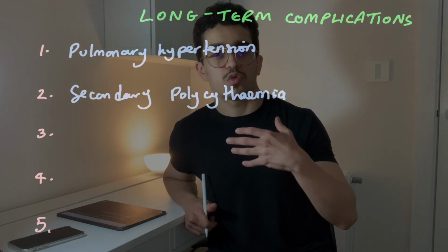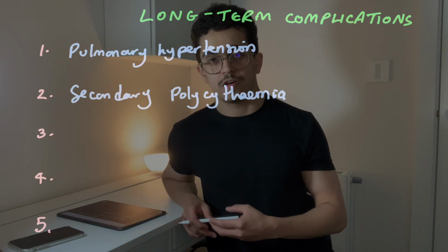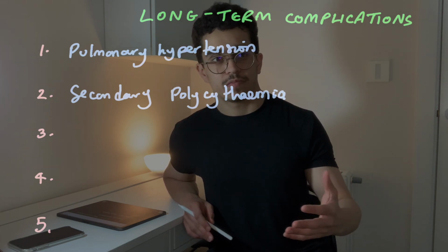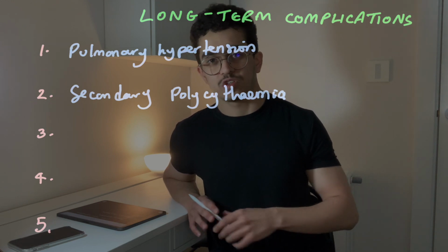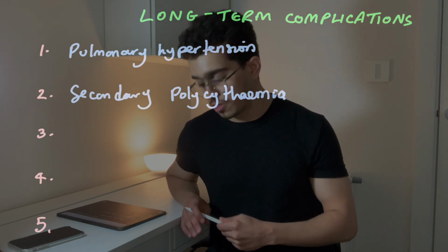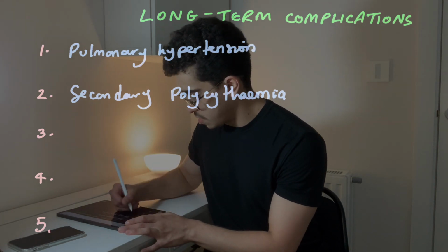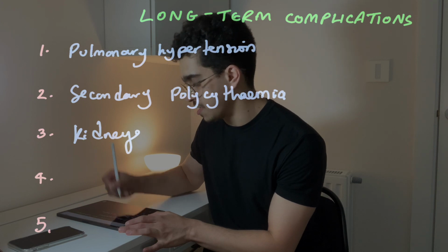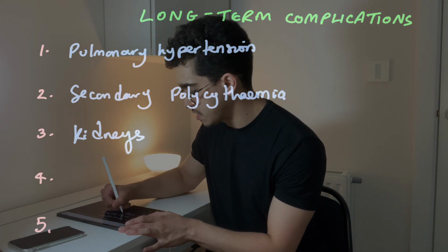Hypoxia is going to mainly affect the vital organs in the body, such as the kidneys and the CNS and the heart too. So it's going to affect the kidneys. If it affects the kidneys, then it will lead to renal impairment.